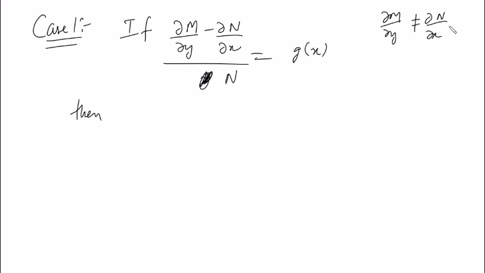Exact नहीं है वो, तभी हम इस पे आए हैं, क्योंकि अगर exact होती, so we don't need this. So then the integrating factor, in short IF, is e raised to the power integral g(x) dx.